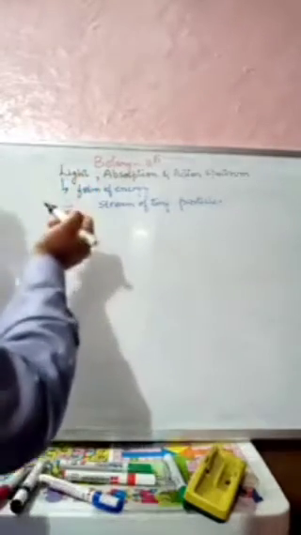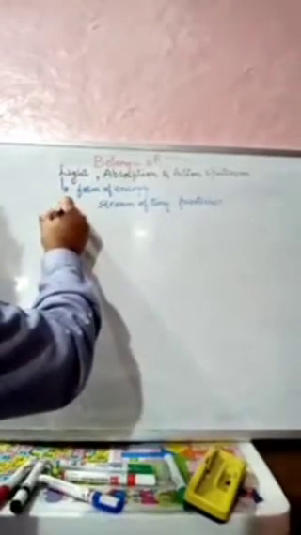Now we have already discussed the various factors regarding the process of photosynthesis. Regarding light, we have one factor, that is the quality.